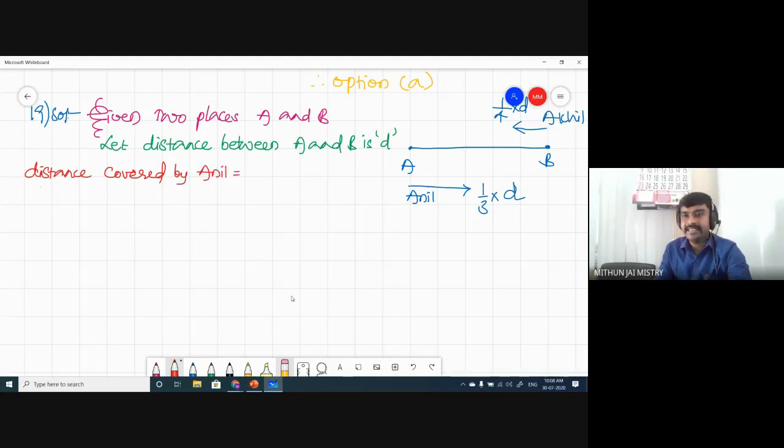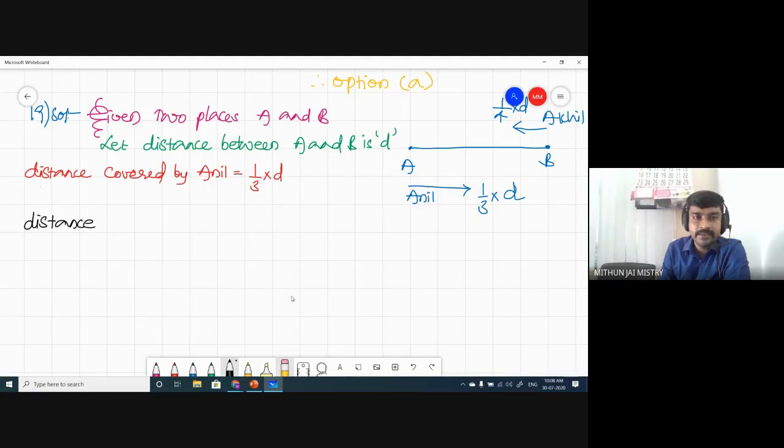What is given? That he has covered 1/3 of the distance. But of the distance means, of means what? Into d. So I will write the distance covered by Anil as 1/3 into D. Similarly, the distance covered by Akhil is also given.